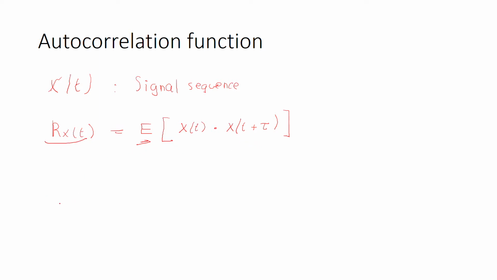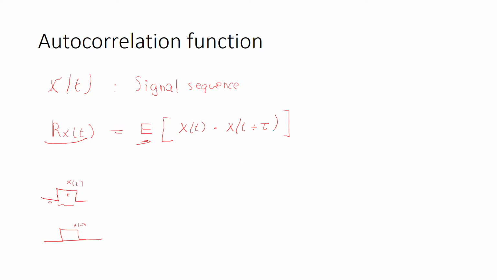For instance, suppose that x(t) is just a square signal, which is 0, and it has a value of 1 over this period. If you want to compute the autocorrelation for this signal, the signal x(t) is going to be multiplied by itself, but moved by tau steps.